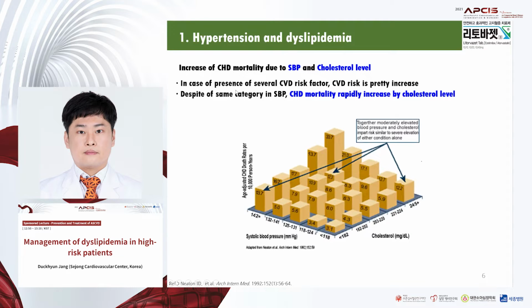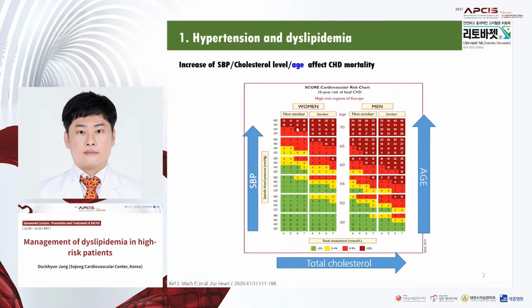In the presence of several CVD risk factors, CVD risk is greatly increased despite the same category of systolic blood pressure. Coronary heart disease mortality rapidly increases with cholesterol level. This is the ESC calculated CVD risk score diagram.